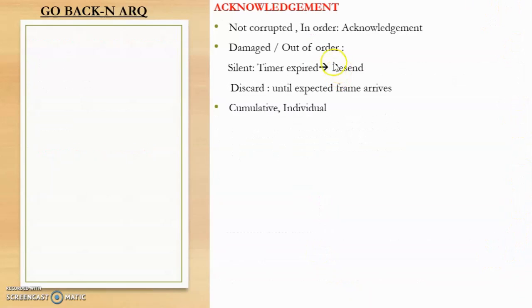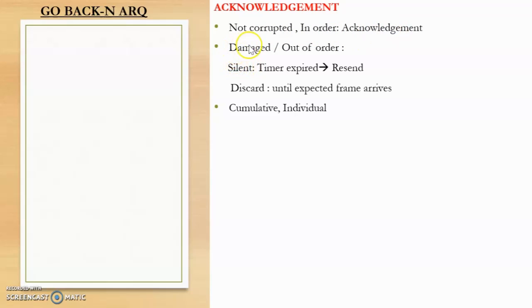Next, let us discuss how an acknowledgement is sent in the Go Back N ARQ protocol. We know that the acknowledgement is sent by the receiver. If the frame is not corrupted and if the frame is in order, then the receiver will accept the frame and send an acknowledgement.